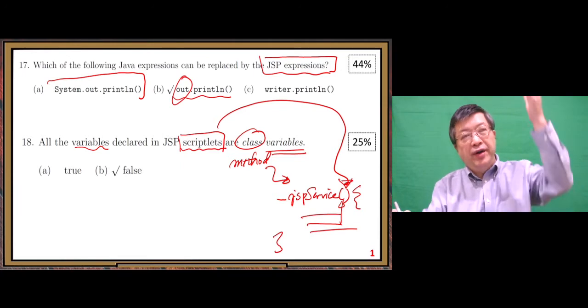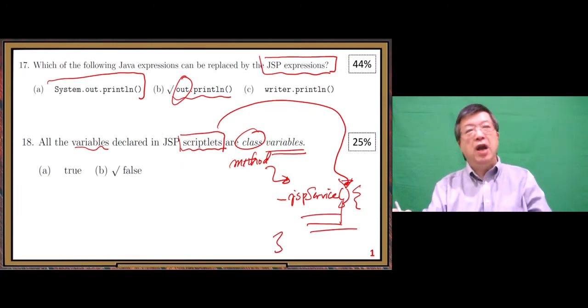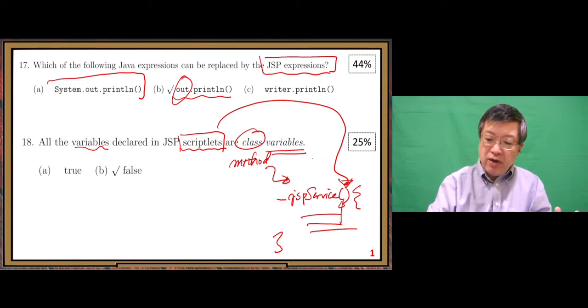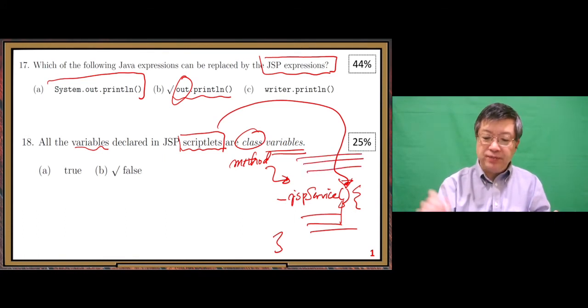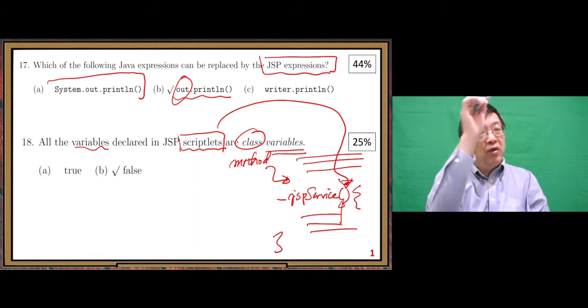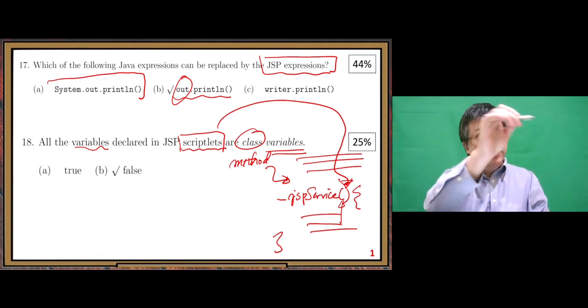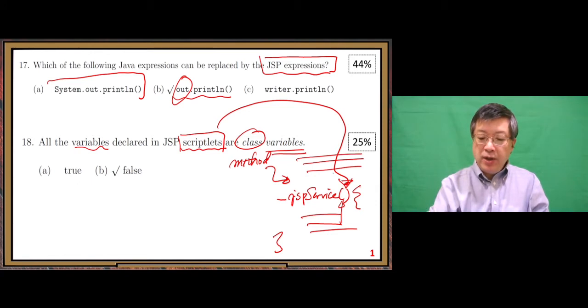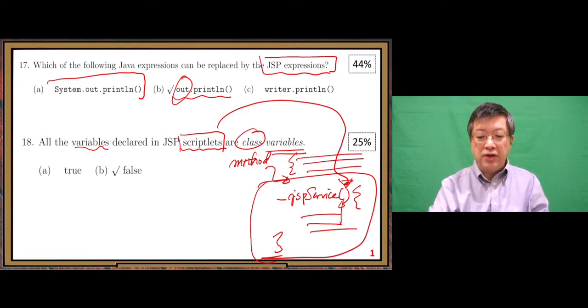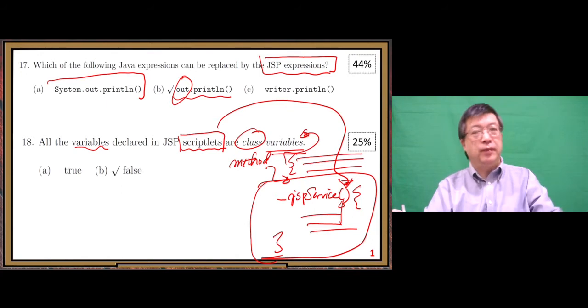That's why we call them method variables, not class variables. Class variables are outside this method. JSP declarations and JSP directives are copied outside this whole method, so those we call class variables. Okay, that's the concept.